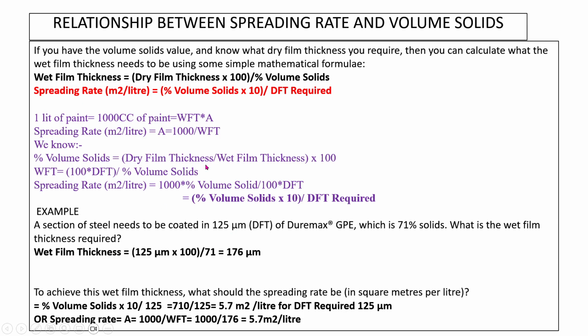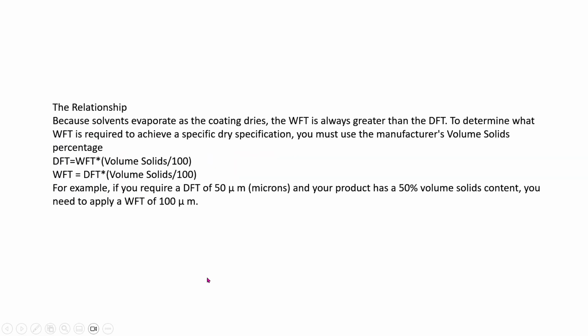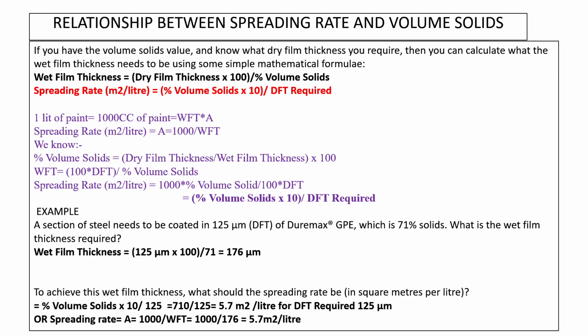Wet film thickness is equal to DFT divided by volume solids into 100. That is 125 divided by 71 into 100, which is 176. So if you apply a wet film thickness of 176, you will get 125 micron DFT.